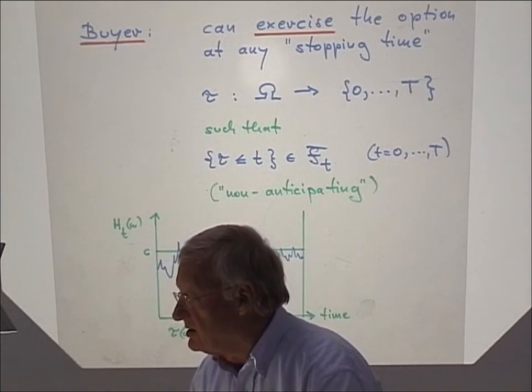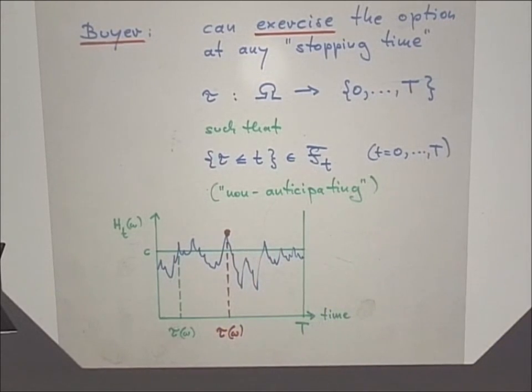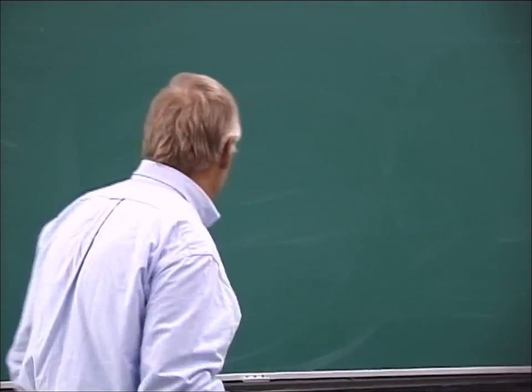What is known and what is unknown? H_t is known. You know, the contract in principle specifies, if you are going to stop at time t, I can tell you already now what you're going to get if the underlying does this and that.